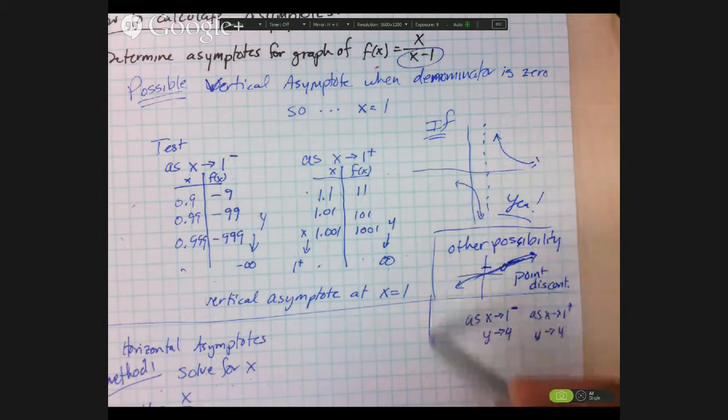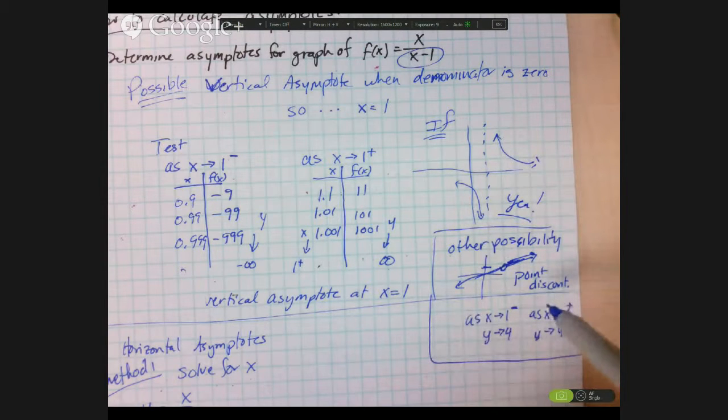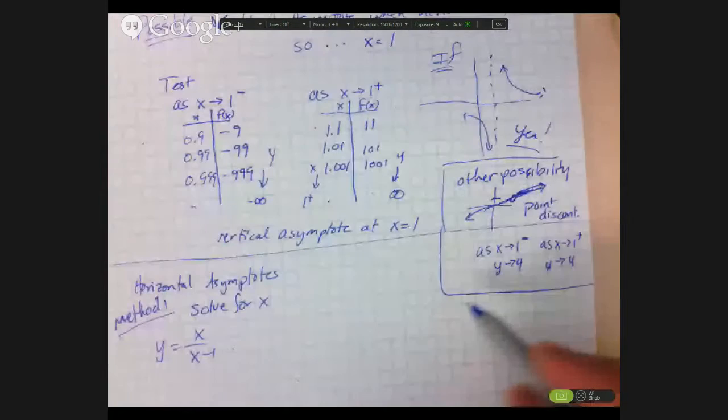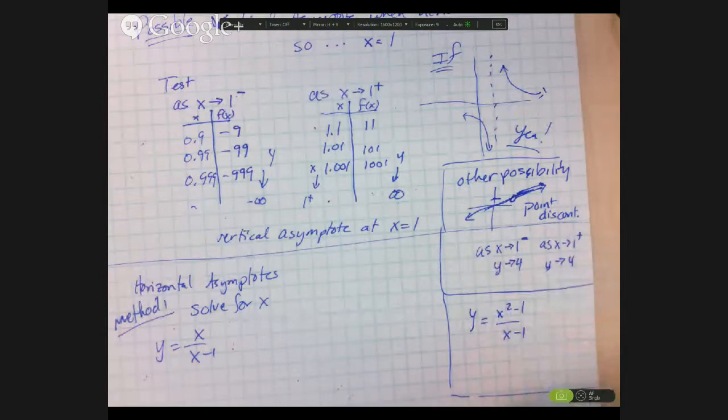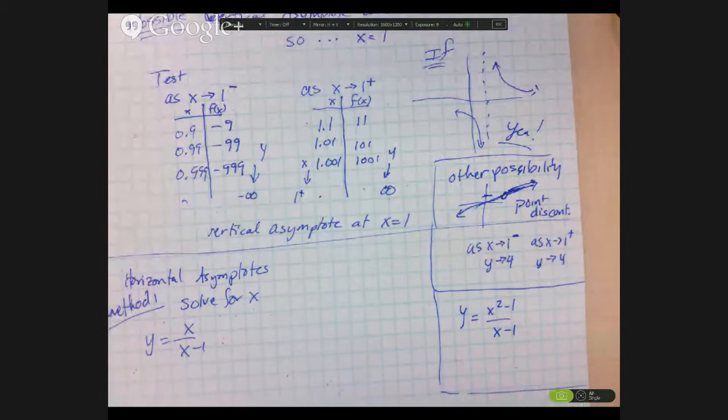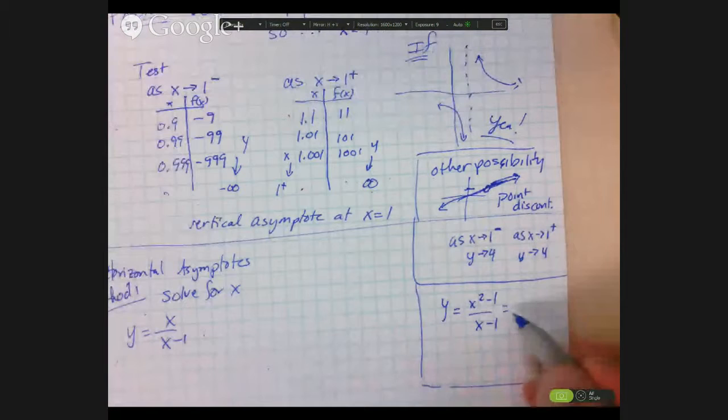That's the other possibility. It's called a point discontinuity. It happens when it looks like this.